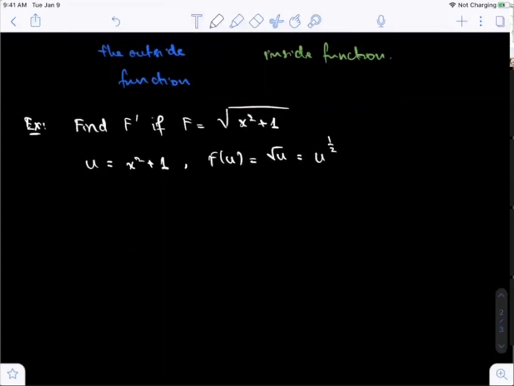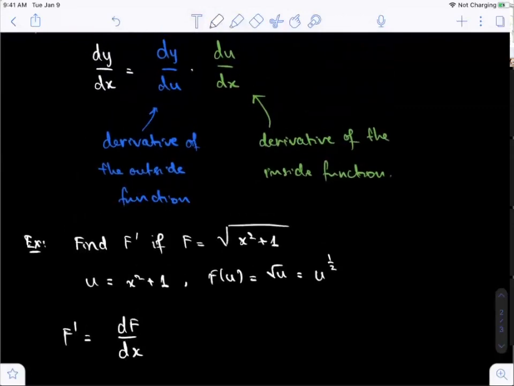So F prime is equal to dF dx. Just try to follow the formula right here. This should give me dF du times du dx. dF du is the derivative of u to the 1/2.